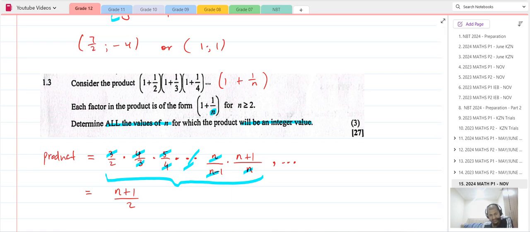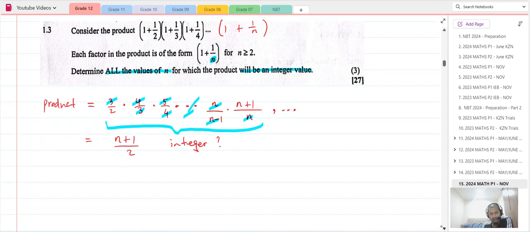So this here needs to be an integer. How can this here be an integer? If n plus 1 is even, in other words, n needs to be odd. In order for this to be an integer, n plus 1 is even. This implies n is odd.